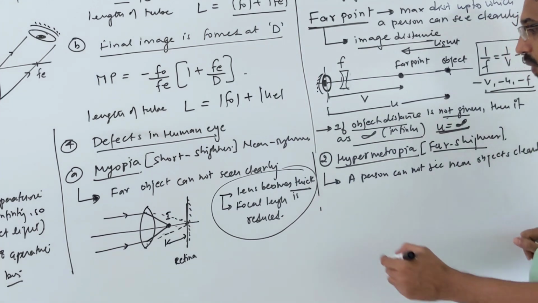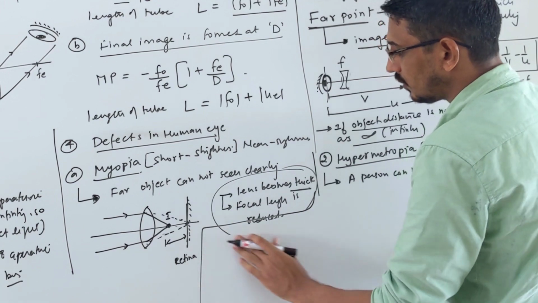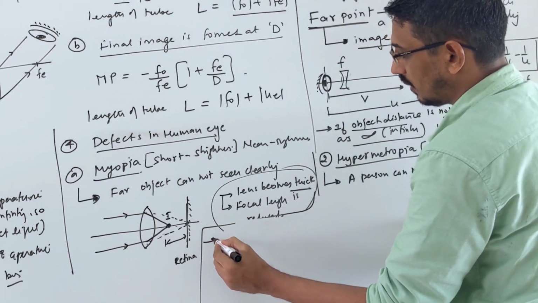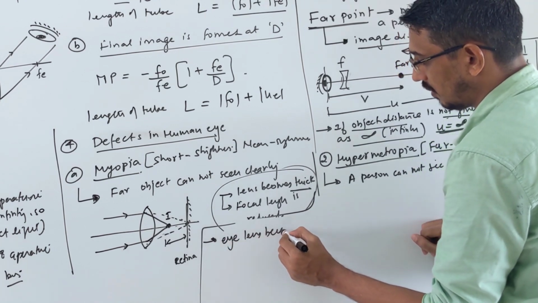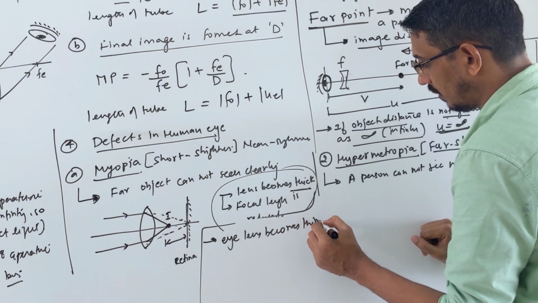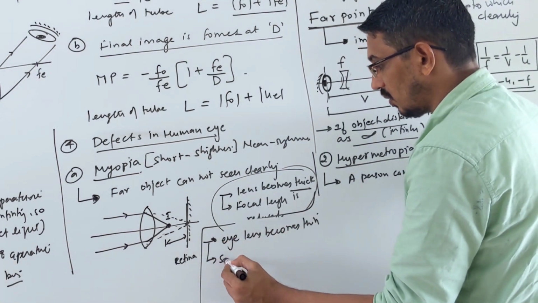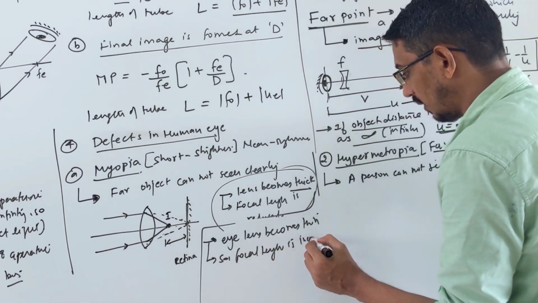Now, what happens actually here? I'm writing here. In this defect, your eye lens becomes thin, so the focal length is increased.